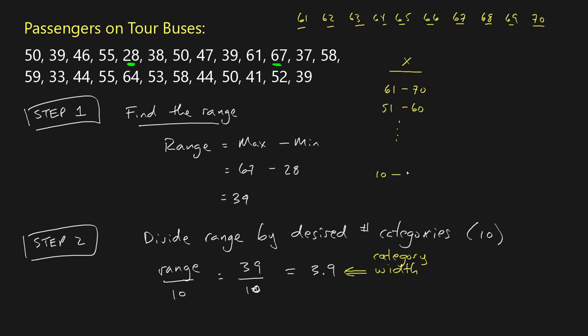So this would be from 10 to 13.9, which is a really awkward sort of category. And it's not the sort of thing that really works with the idea that we want our table to be easy to glance at and quickly digest. So even though we might get a number like 3.9 out of the mathematics when we divide the range by 10, we're not going to stick with this number. This is where the next step comes in.